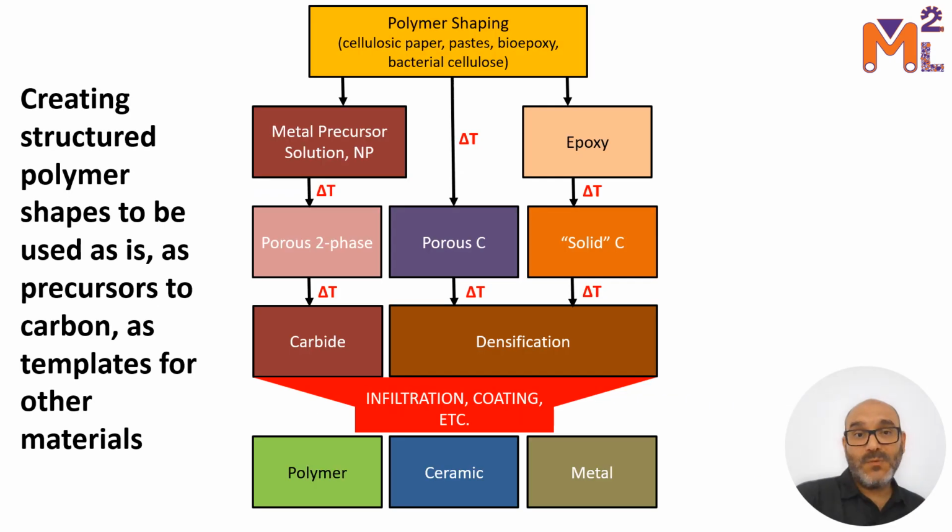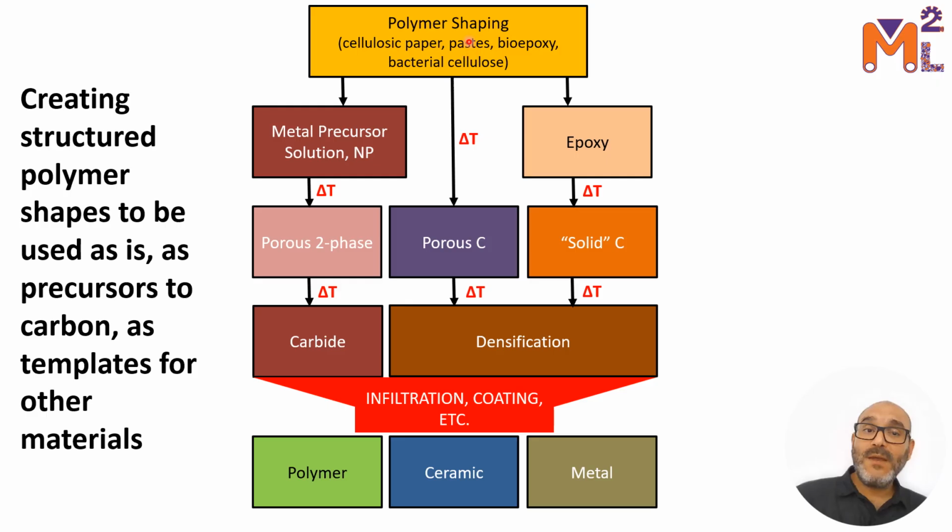And why do we want to do that? So here on the top you have polymer shaping, right? We can actually have cellulosic paper, pastes, epoxy, different kinds of cellulose, right? A number of different organic polymers that will lead us into carbon after heat treatment.